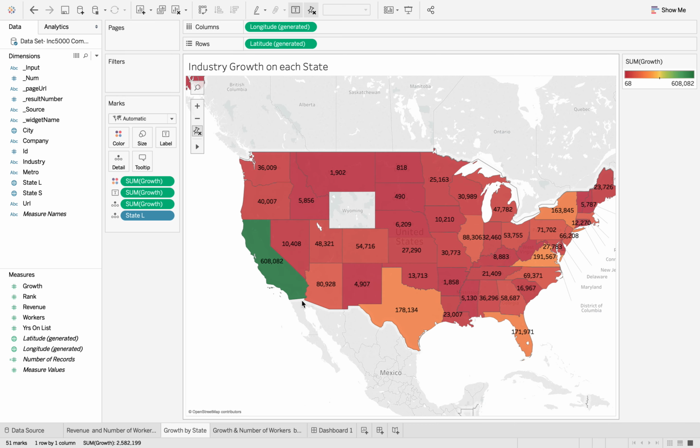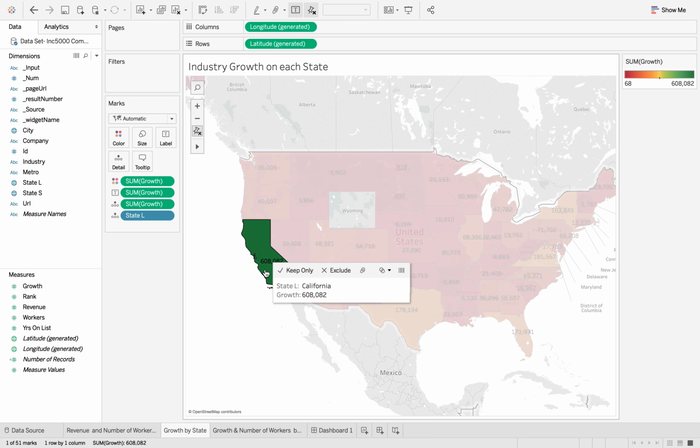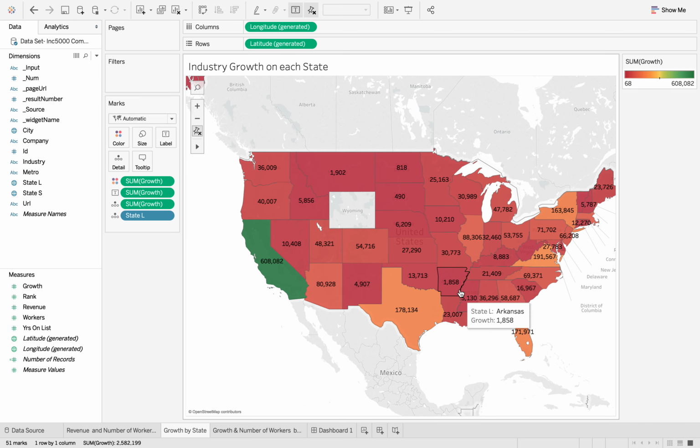In contrast, California has a total growth of 600,000, which makes sense because a lot of companies and startups are in San Francisco and Silicon Valley, and normally this type of company has higher growth in this state.